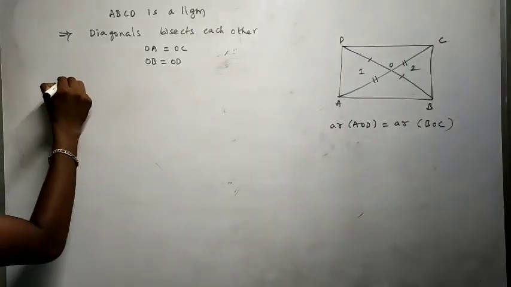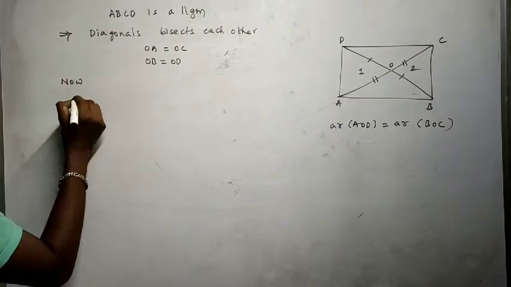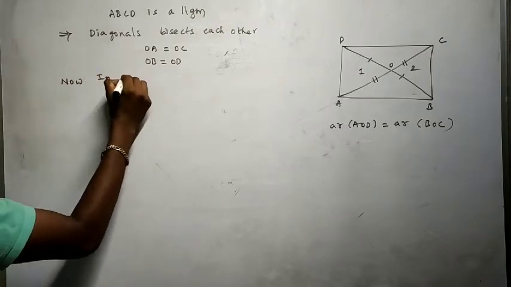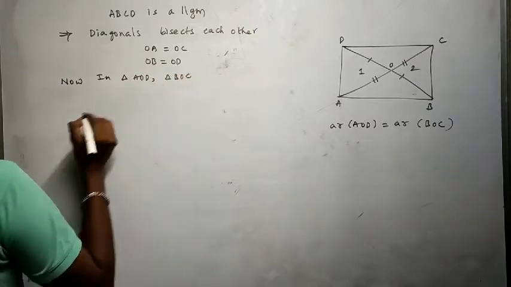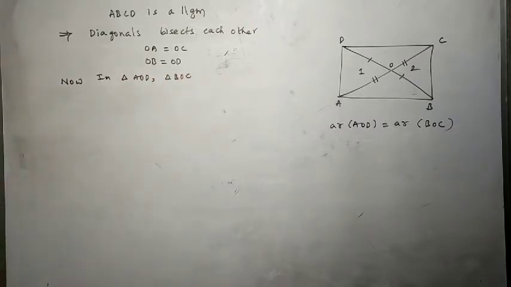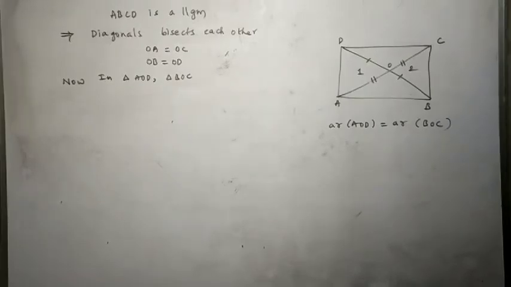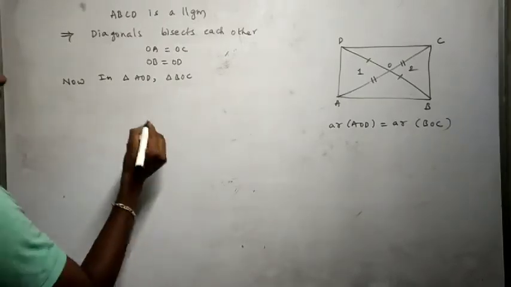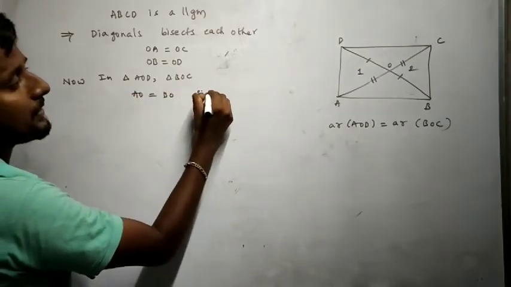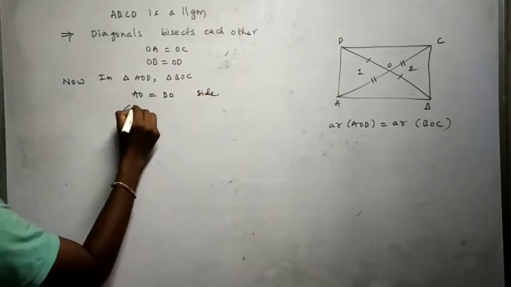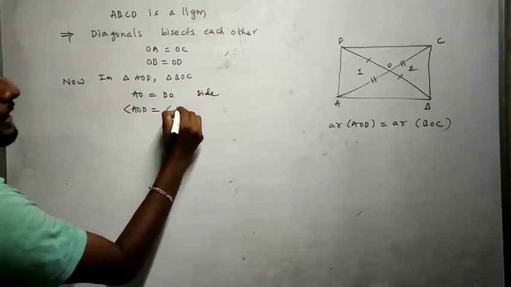Okay. So now in triangle AOD and triangle BOC, AO is equal to BO because it's a side, and angle AOD is equal to angle BOC.